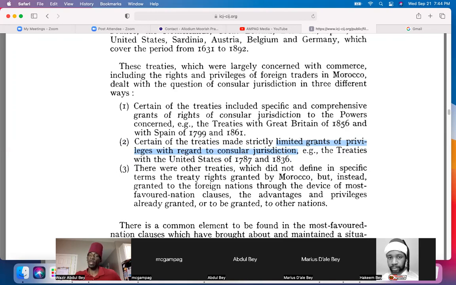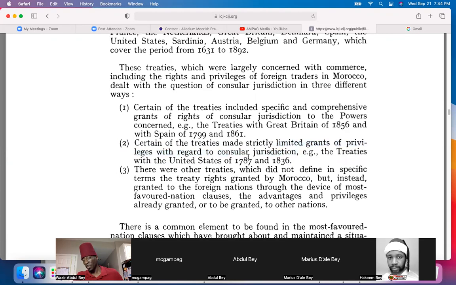Well, if they have limited grants of privileges, who's got the full grants of privileges? The Moors, the Moroccans. Those are the 2 parties. It's between the United States of America and Morocco, or between the Americans and the Moroccans.